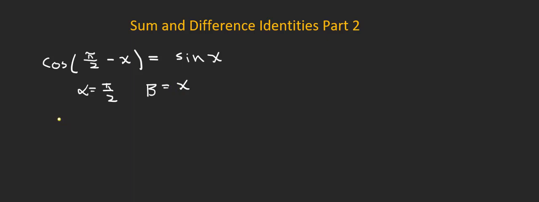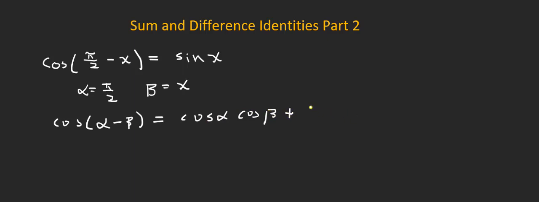So we need to use cosine of quantity alpha minus beta. And what is that? Well, cosine of quantity alpha minus beta is cosine alpha cosine beta plus sine alpha sine beta.